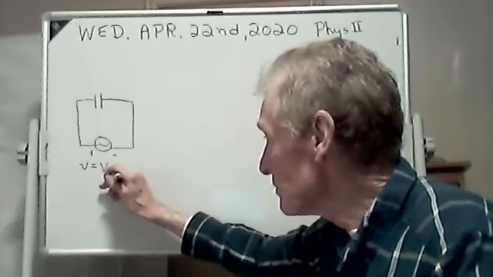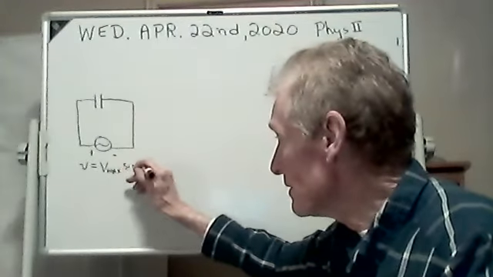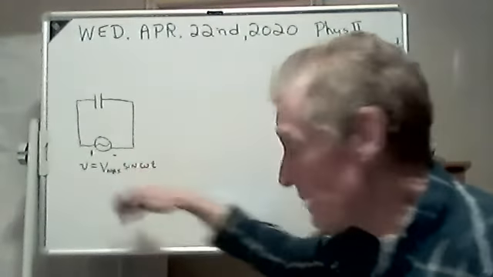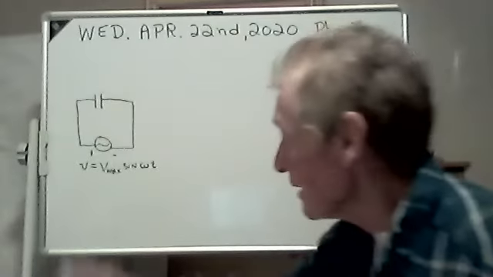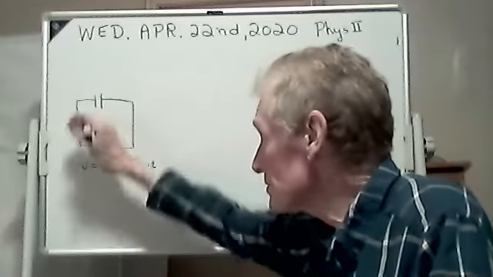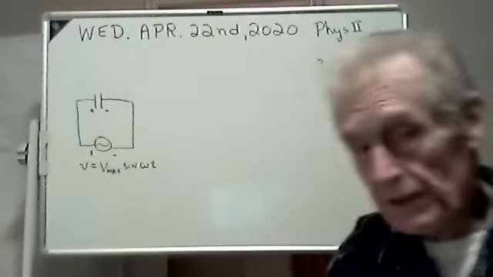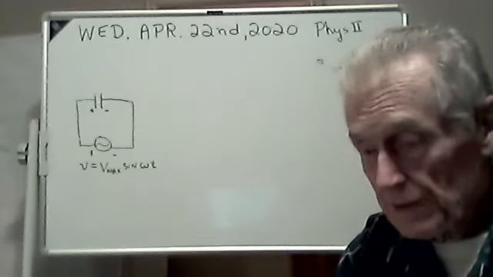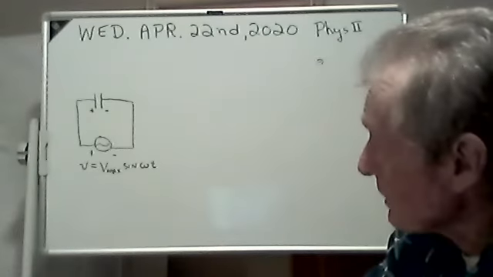You have a maximum voltage times the sine of some angle as it spins around. Now, this will have to be plus minus because it's in parallel, and you know voltages are equal in parallel.